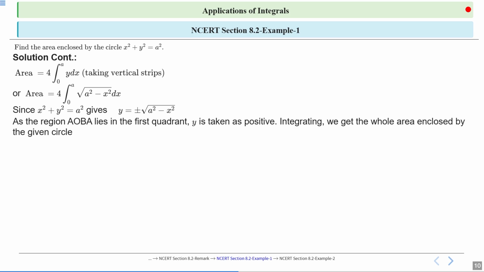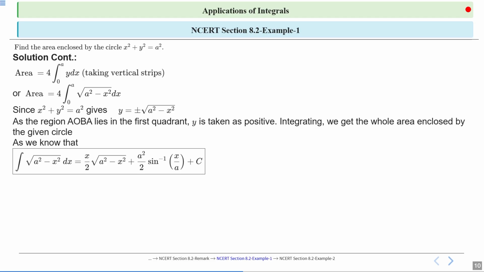So my area becomes 4 into the definite integral from 0 to a of root under a square minus x square dx. So we get the whole area enclosed by the given circle.